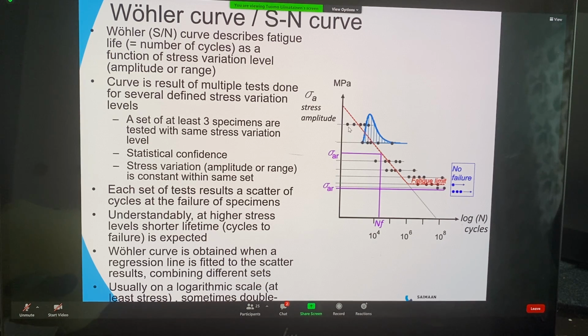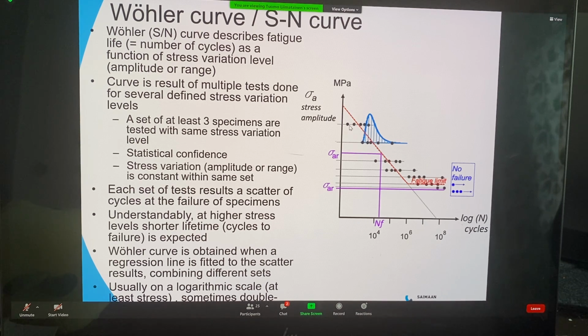So we can count how many cycles it requires to break the component. And because there's a variation in the components, variation in the microstructure of the material, etc., it's not the same result for all of the components. But we have 5 components and we get a scatter on the results.